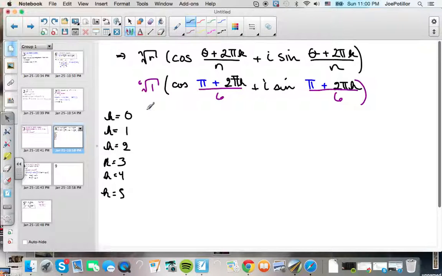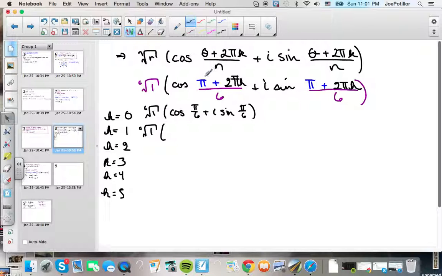So in the first one, we have the 6th root of 1, cosine of pi divided by 6 plus I sine of pi divided by 6, and that's k equals 0. By the way, the 6th root of 1 is just 1, so you could have ignored it. But I'm writing it for the sake of showing you an example when you're going to want to have that there.